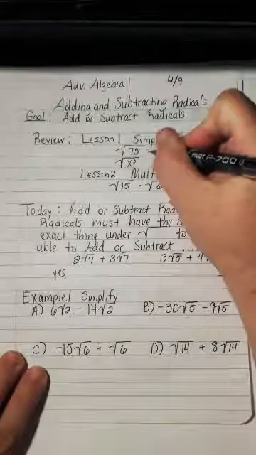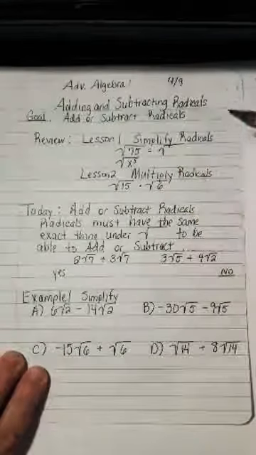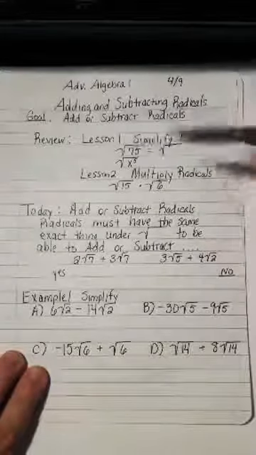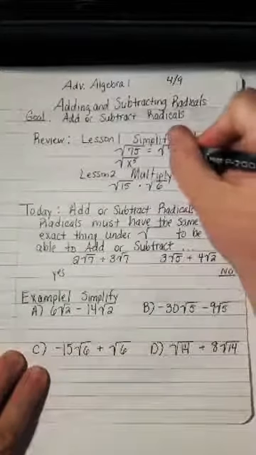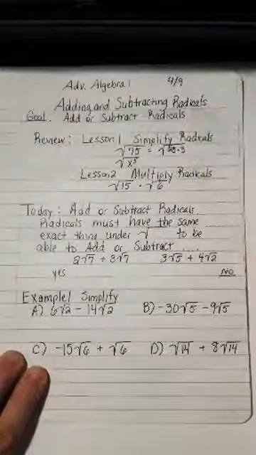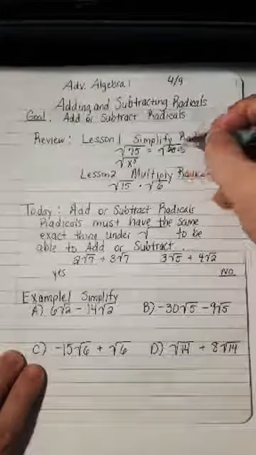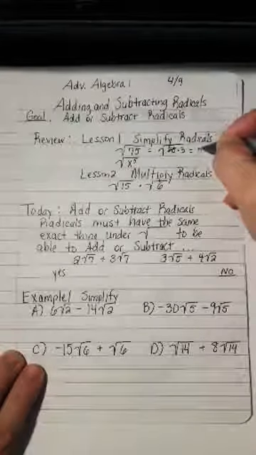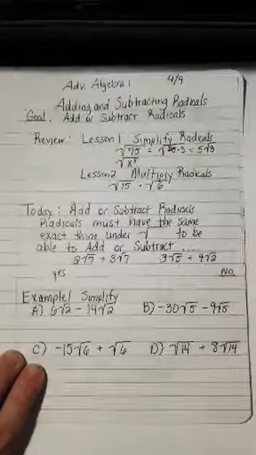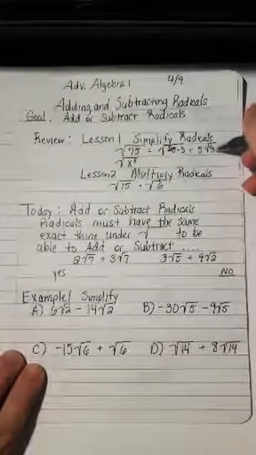Remember, whenever you are simplifying a radical, you've got to bring out any perfect squares that divide evenly into that number. So 75 can be factored as 25 times 3, because 25 is a perfect square. You take the square root of 25, which is 5, so that comes on the outside of the square root symbol, and your 3 stays on the inside. That's 5 on the square root of 3.